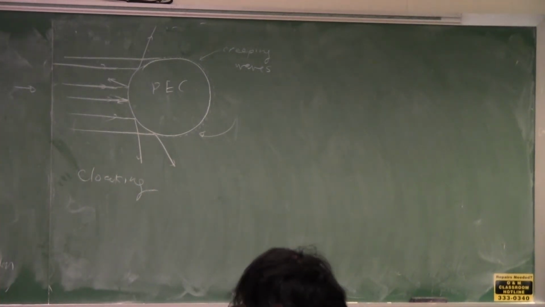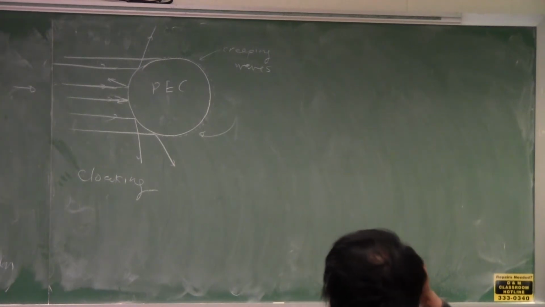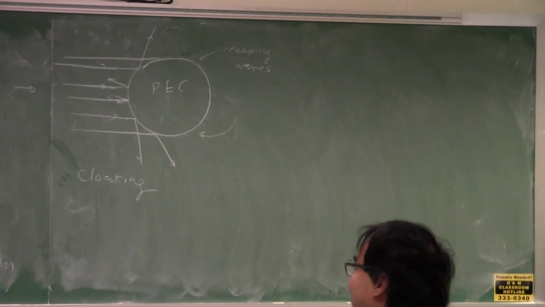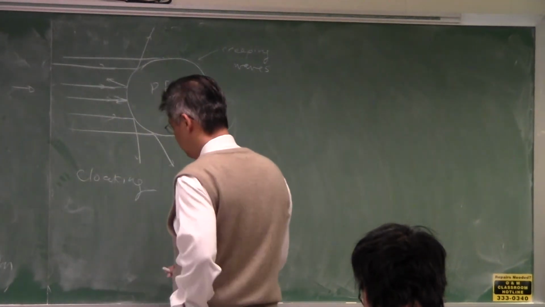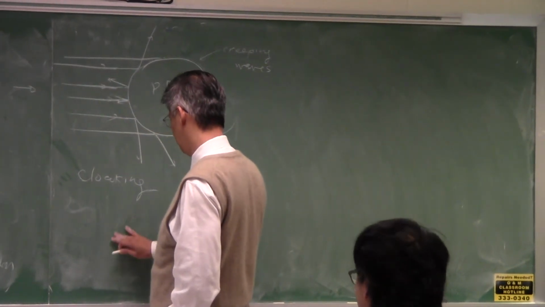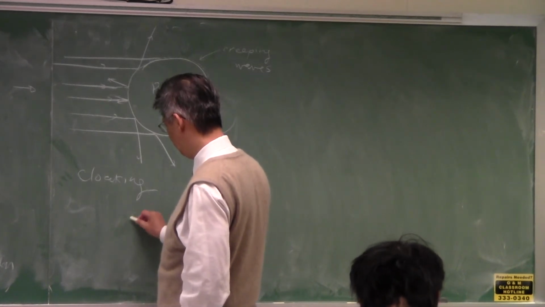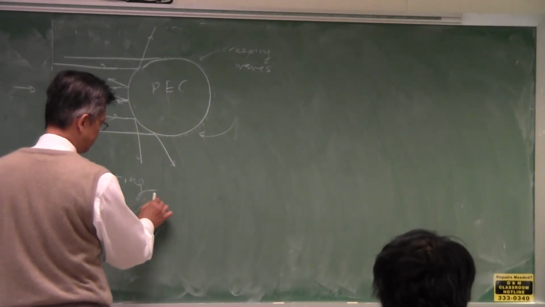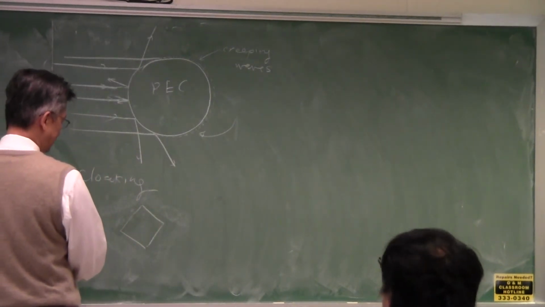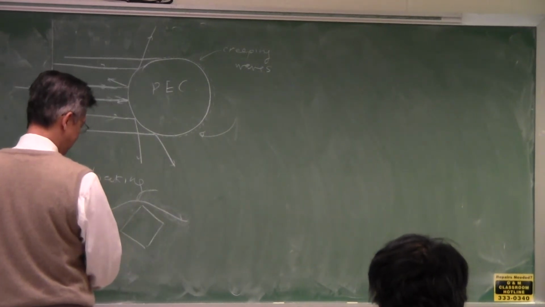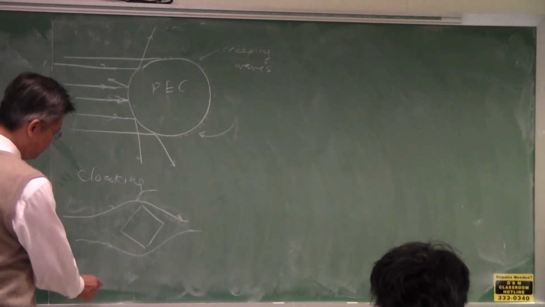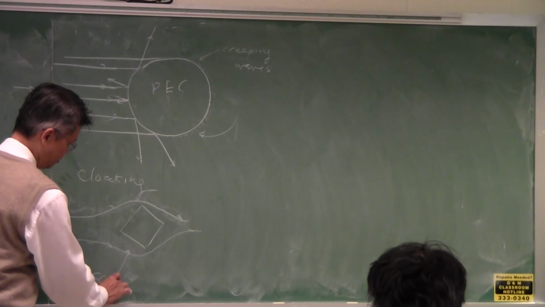Cloaking is also a way of generating stealth technology by using materials around a target. It turns out that you can prove that if you have an object and if you coat things around it in the proper fashion, the light can go around the object as if the object is not there, by using epsilon, which is inhomogeneous.